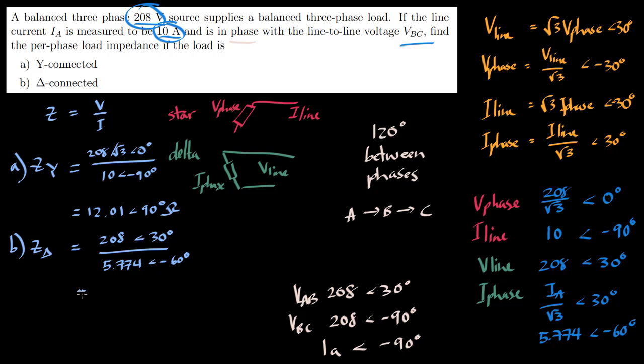Plugging into our calculator, we get 36.02 ohms at 90 degrees. Finally, we can check that we've done our mathematics correctly by recalling that when converting between a star and a delta load, you multiply by 3. And there we go. We've confirmed that we have the correct answer.